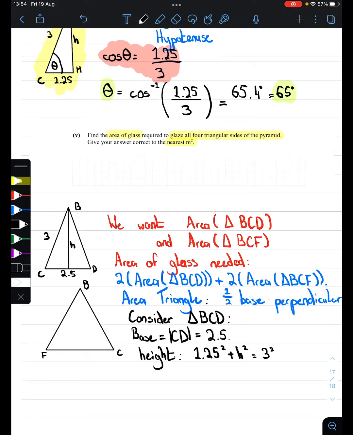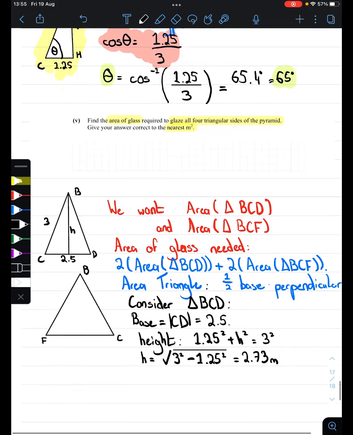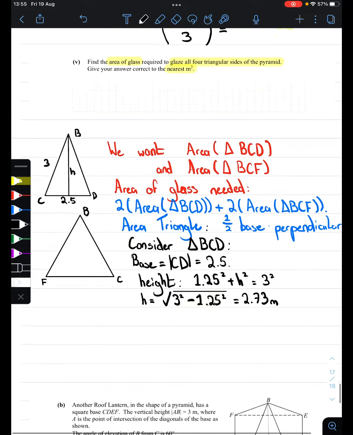And so h equals the square root of 3 squared minus 1.25 squared, which equals 2.73. So the perpendicular height is 2.73.